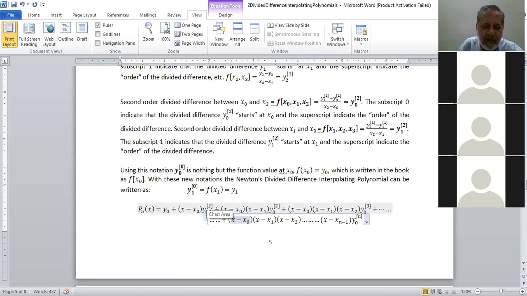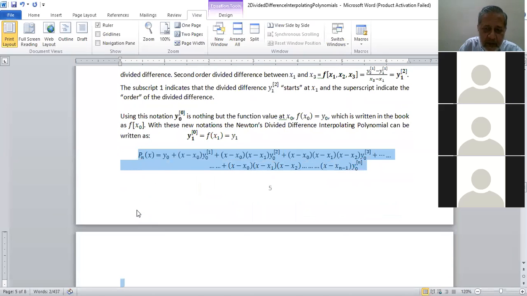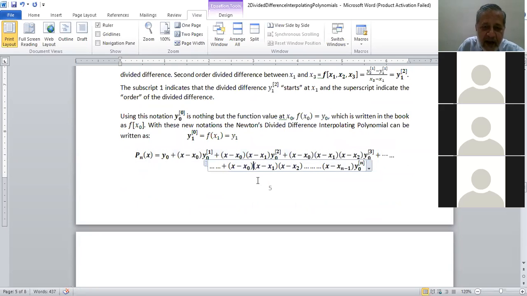Now, once we learn how to make divided differences, first order, second order, third order, up to any order for any given data, the Newton's divided difference interpolating polynomial has a simpler structure compared to Lagrange formula.